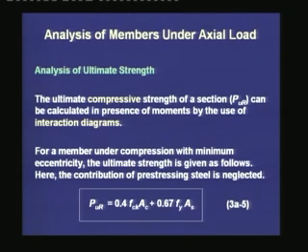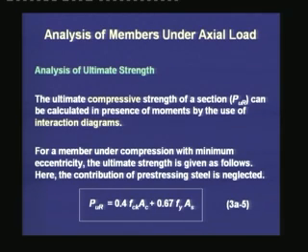The code IS 1343 allows us the method given in IS 456 to be used to find out the ultimate compressive strength in presence of moments. For a member under compression with minimum eccentricity, we can neglect the use of the interaction diagrams, and then the ultimate strength is given by this following expression.